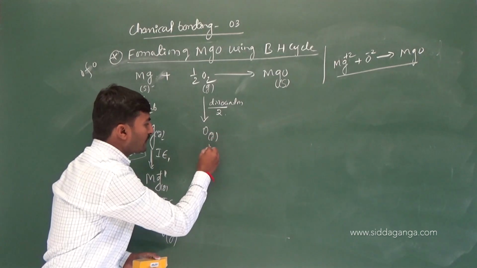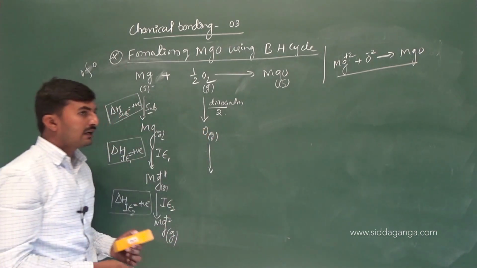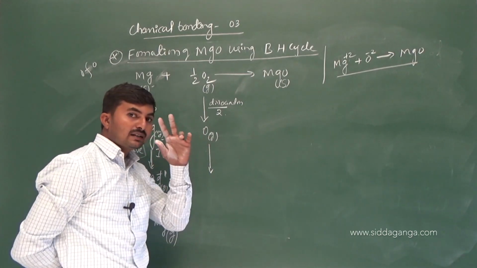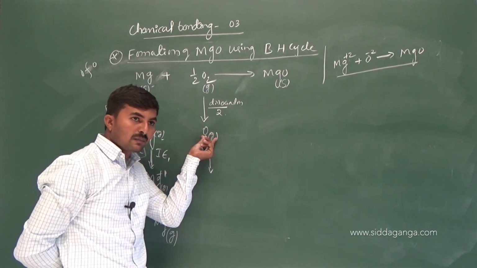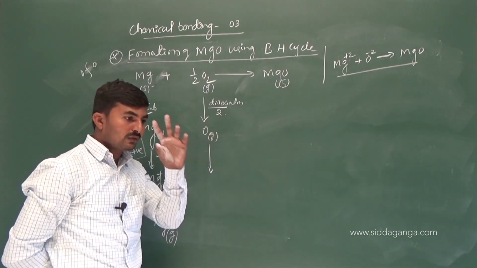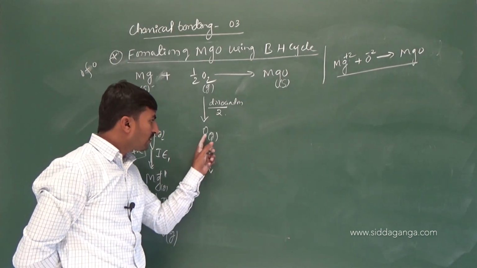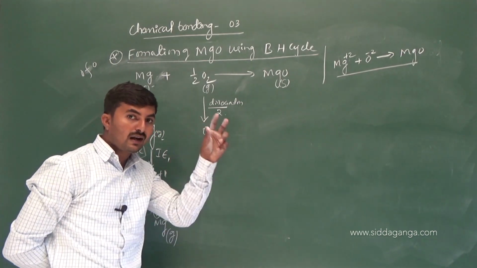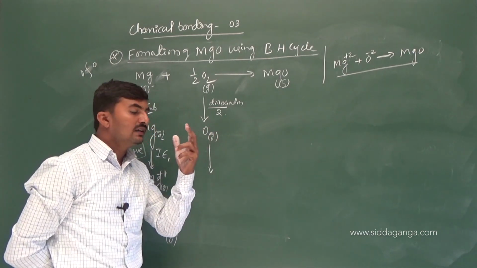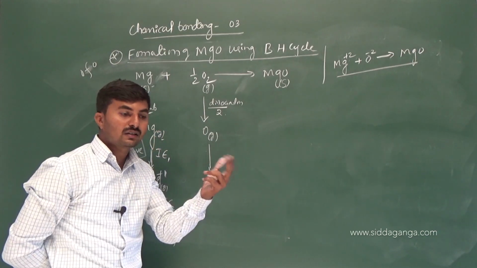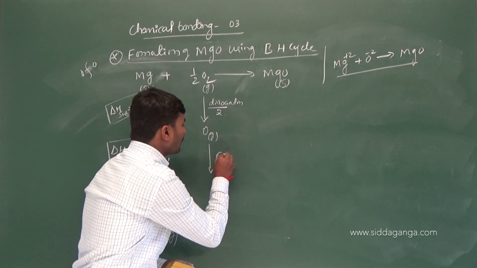In this step, first we have to provide one electron into this, and as I already explained in the last reaction, when an electron is added into the gaseous atom, then the change in enthalpy of that atom is nothing but electron gain enthalpy. When an electron is added to the valence shell of a gaseous atom, the enthalpy changes, and energy is released during that reaction. That energy is nothing but electron gain enthalpy.